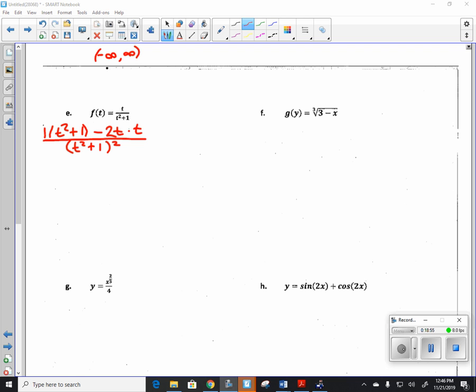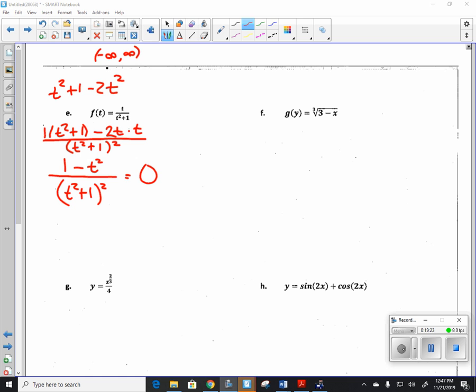What is that going to give me? One minus t squared, over t squared plus 1 quantity squared.